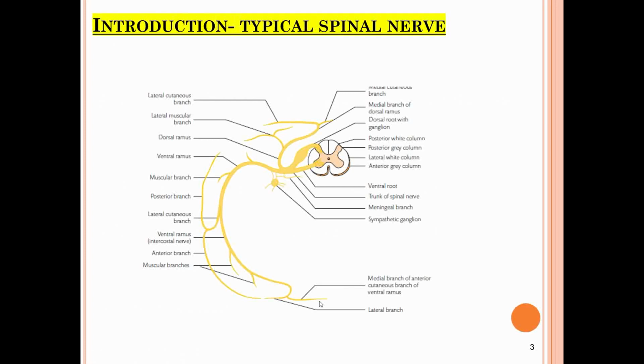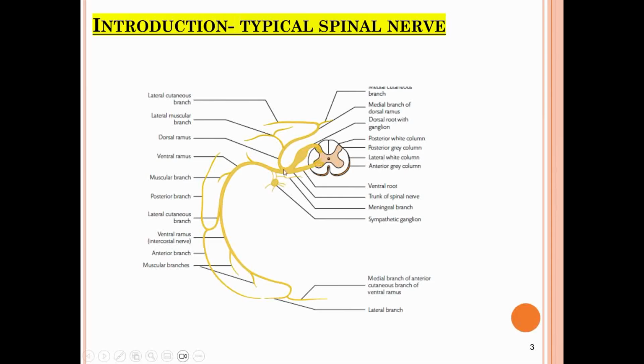Before that, you should know about a diagram of a typical spinal nerve. You can see here, when we see the section of a spinal cord and how a spinal nerve arises, there is a dorsal root with the dorsal root ganglion, there is a ventral root, and they form the trunk of the spinal nerve, which is attached here with the sympathetic ganglion.